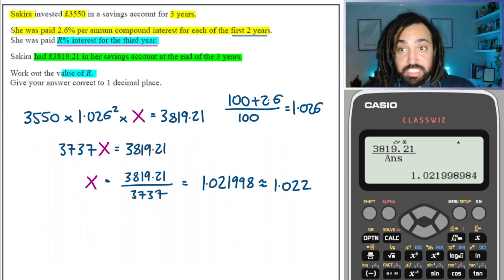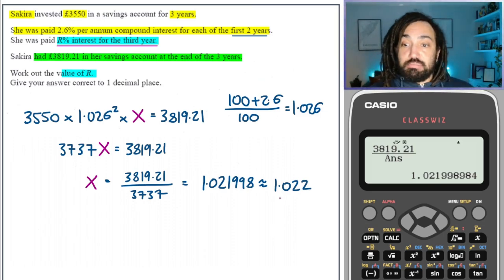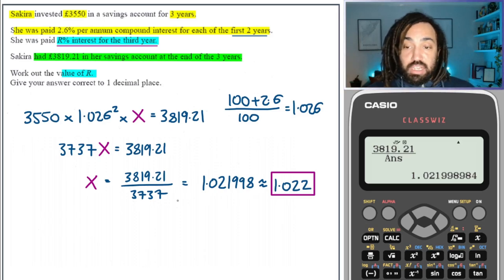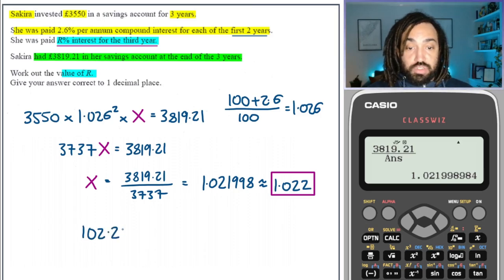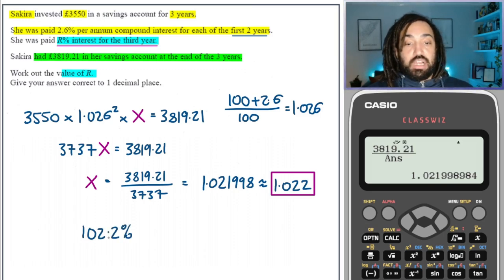Okay, so that's x, but that's not r, because that is the multiplier, and we need to figure out what that translates to. Well, if I times that by 100, that's 102.2%. So we always start with 100%, and now we've got 102.2%.